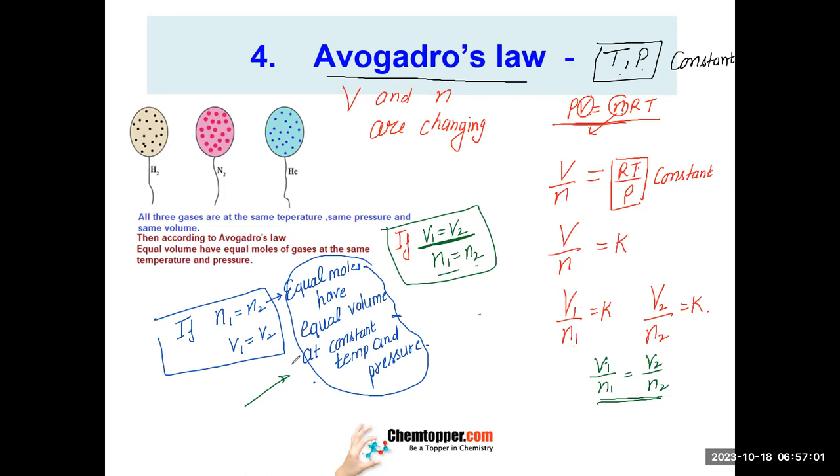Yes, come back fast. Equal moles have, but this time I defined equal volume. I gave you equal volumes. So you have to start like this, the way Azuni is defining: start with equal volumes.